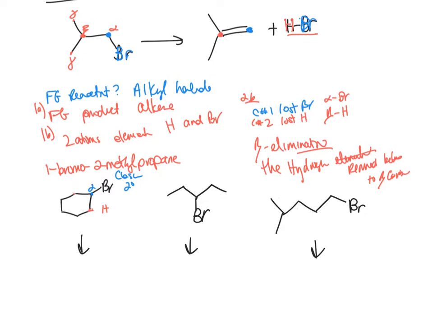There you got alpha, right? So then we put beta. And then I like to put in my beta hydrogens. Okay. And then we remove the hydrogen and the bromine. So we're going to lose the HBr. Redraw our product. There you go.